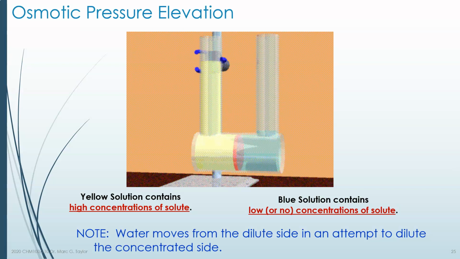And when those two balance out, it stops. Now, you don't have to know the details of this, just know that osmotic pressure increases with increasing concentration of solution, and that it is defined as the pressure that is required to stop this from happening.